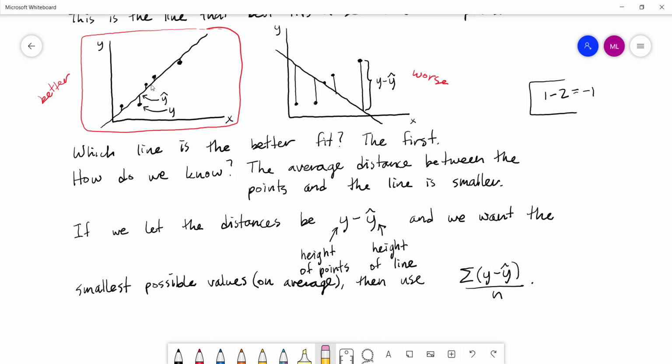So all of these points below will contribute a little negative value. So these ones will have a positive distance, and these ones will have a negative distance, which doesn't really make sense. You can't have a negative distance, but then we're going to add them all up and divide by n.